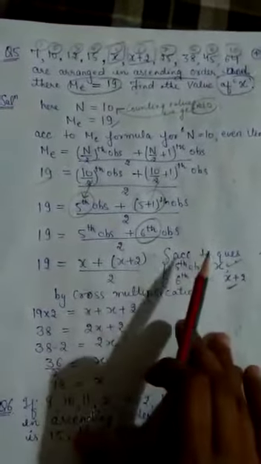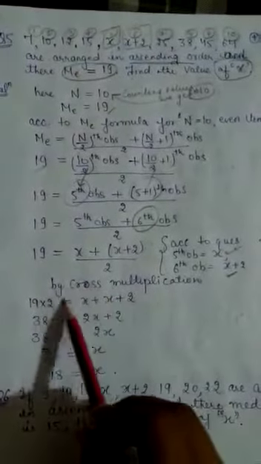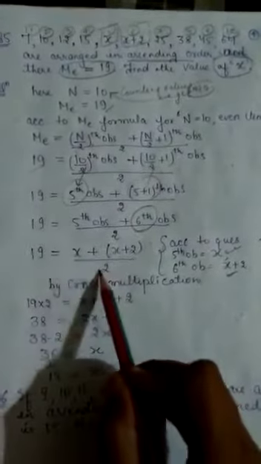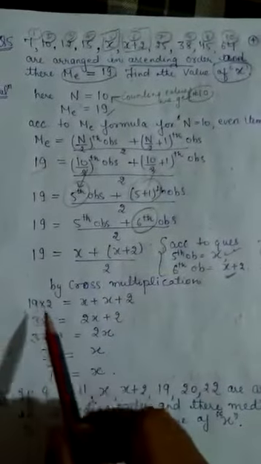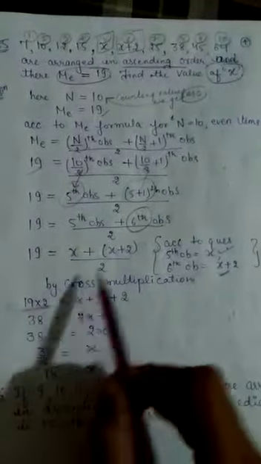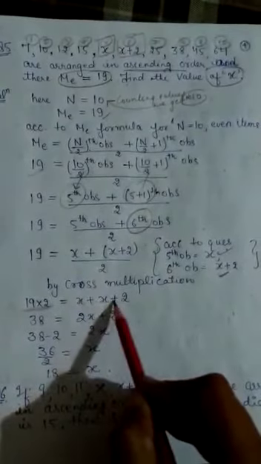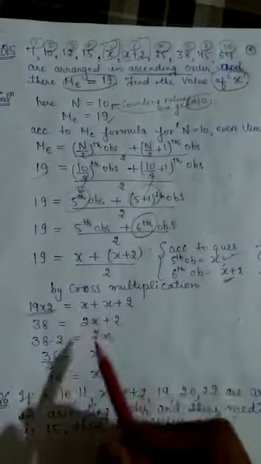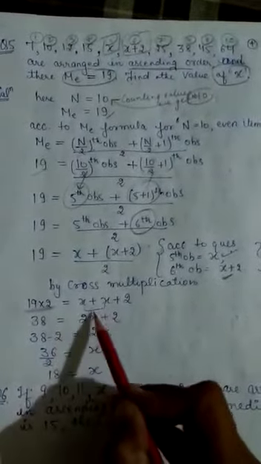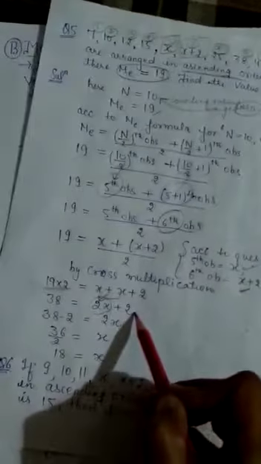So now you will use mathematical concepts like cross multiplication. This 2 will go this side, so you will get 19 multiplied by 2. This bracket we can open straight away, x plus 2 will come. So this x and this x will give you 2x. This 2 will be separate.